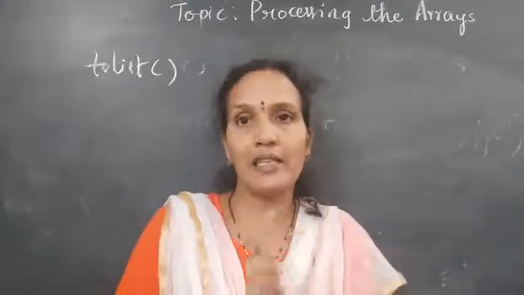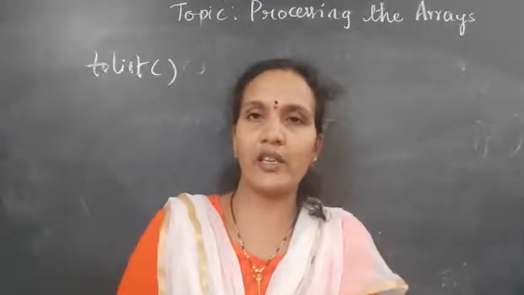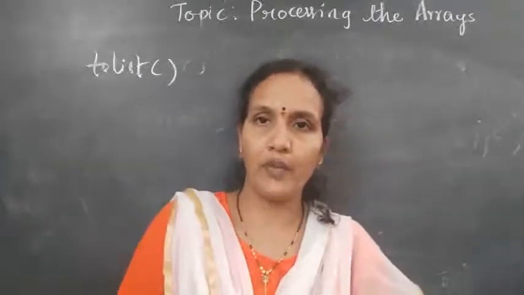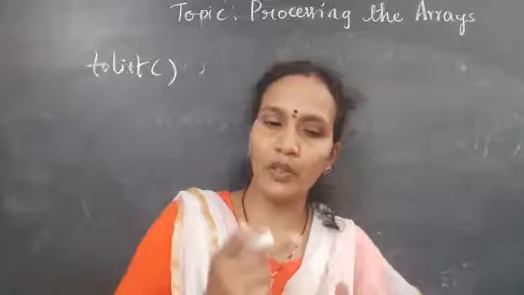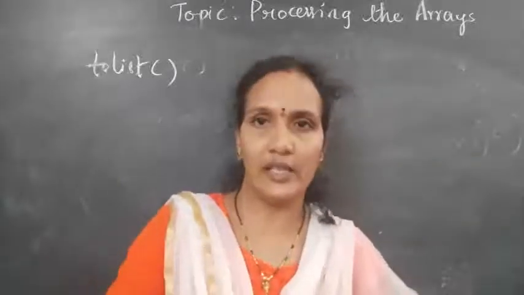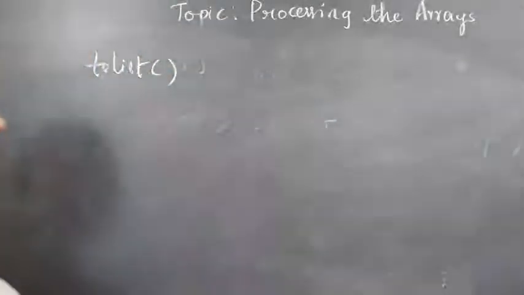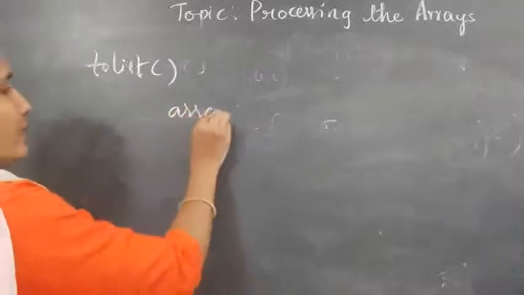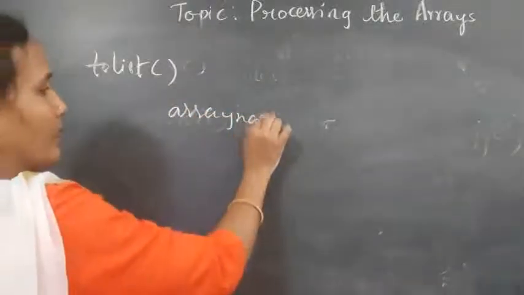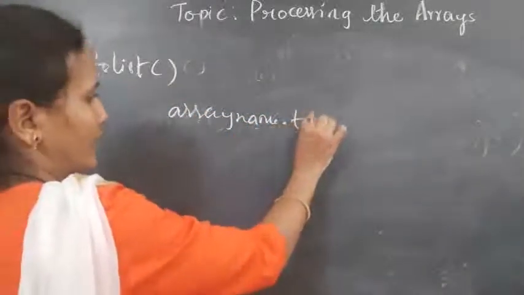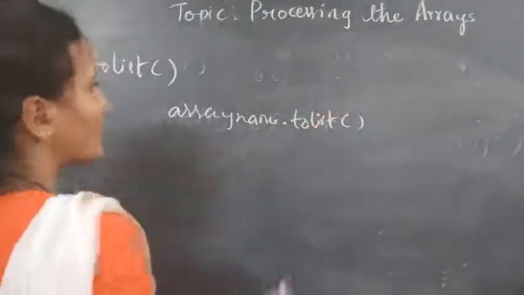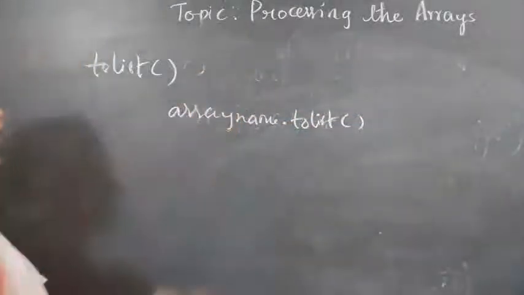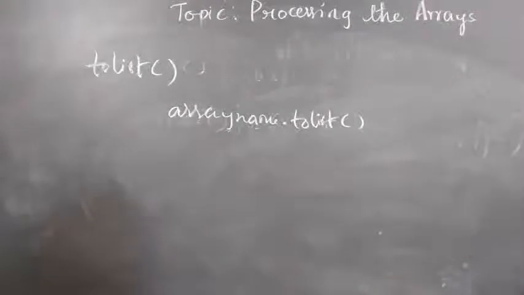So finally, what we are doing, we are converting an array into a list, right? Now here write the syntax: array name dot toList. Okay, so whatever array is there, that is converted into a list.